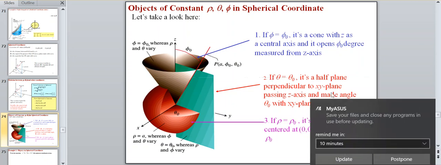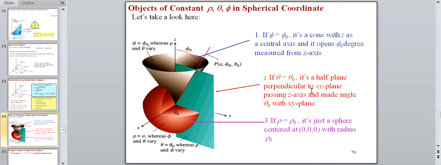The other one, theta equals theta 0. Okay, so theta is fixed, but the equation is independent from rho and phi. So if we have the points that are located on this surface, and you get the image of these points onto the xy plane, the angle between the image of this point and the x-axis is fixed, theta 0, you can see here.